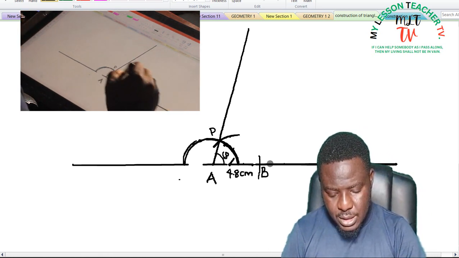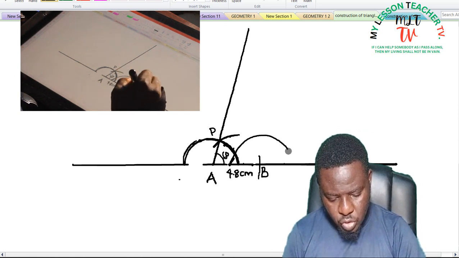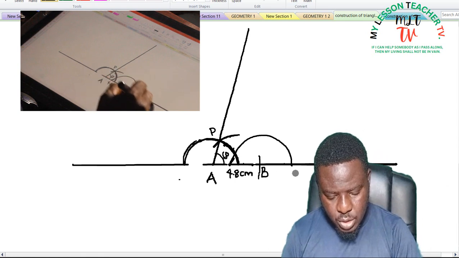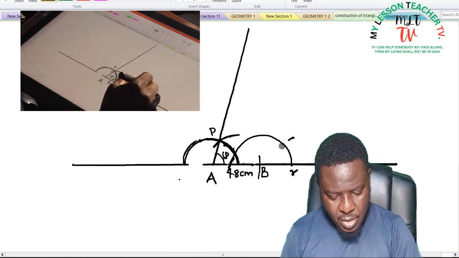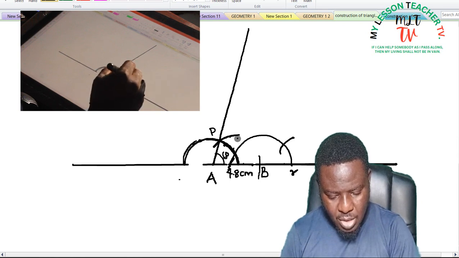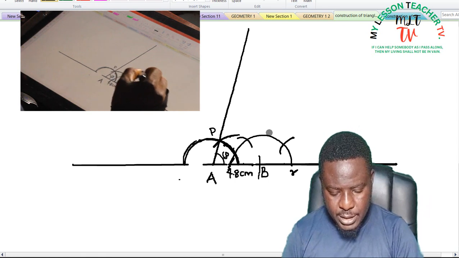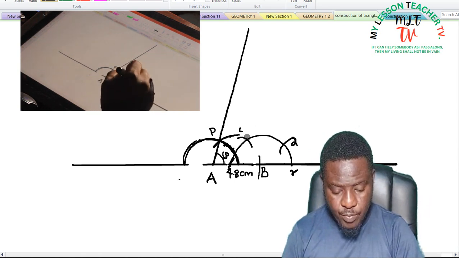So with B as center, you use your compass, construct an arc to give you points R and S. With R as center, construct an arc. With S as center, also in turn, construct an arc. Let it give you points C and D on the semicircle.